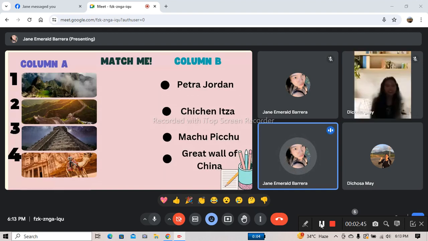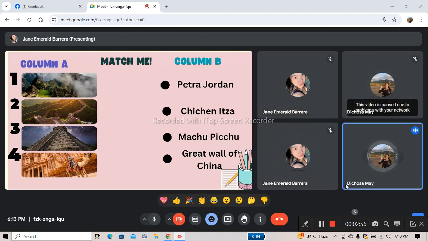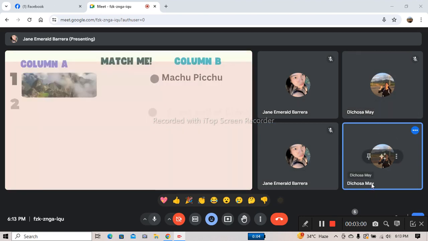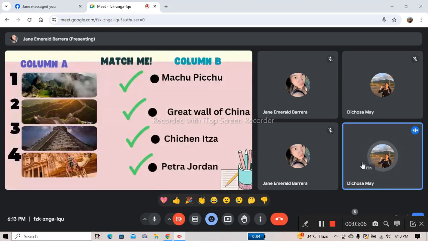Number two is the Great Wall of China. Number three is the Chichen Itza, and number four is the Petra Jordan. Okay, let's see if your answers are all correct. Well done, Jane. All your answers are correct.